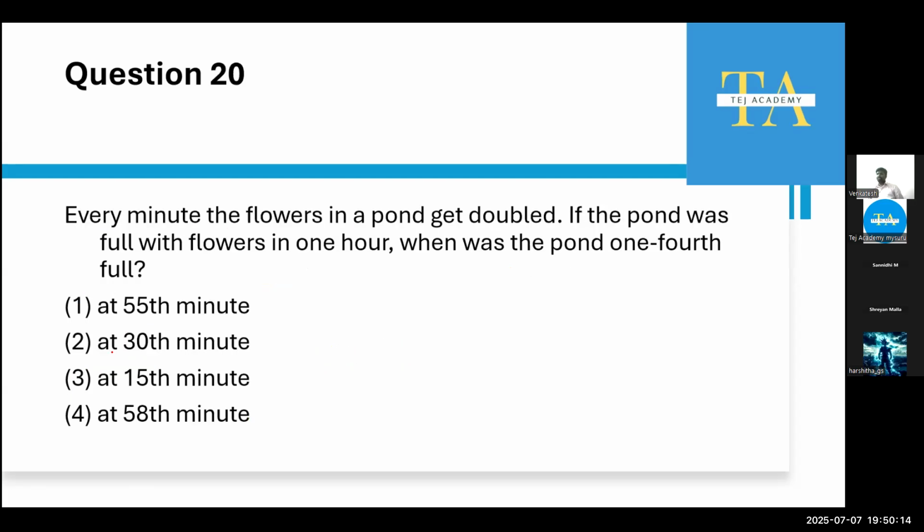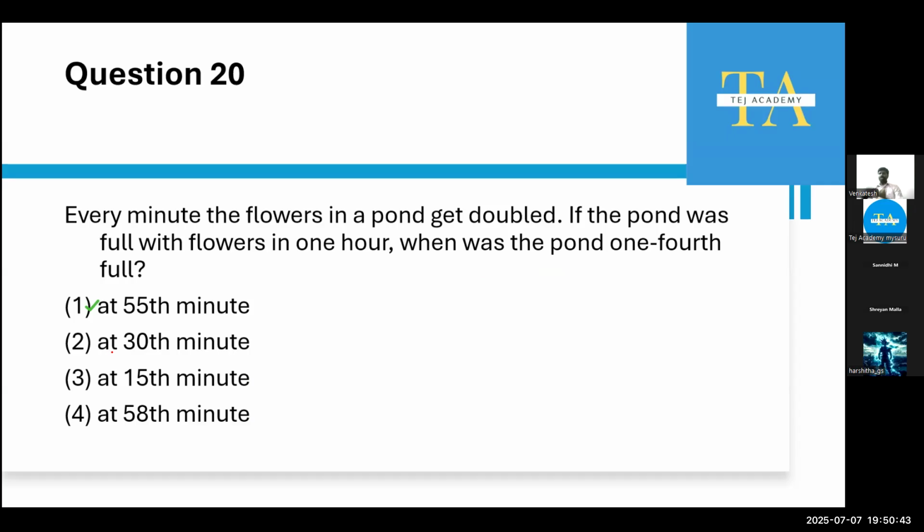Next question, number 20. Every minute the flower pot gets doubled. If the pot was full of flowers in 1 hour, when will the pot be 1/4 full? So 1 hour contains how many minutes? 60 minutes.